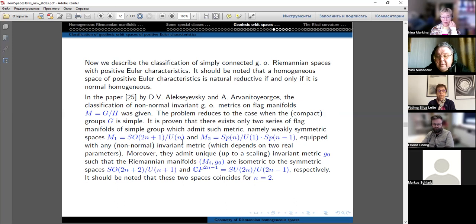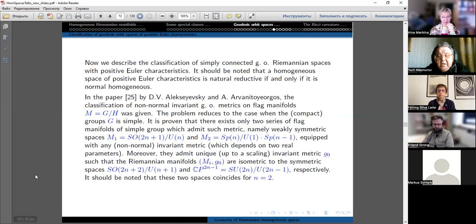This series depends on the value of a natural number n, and the second family, similar to the first one, also depends on the value of n, equipped with any non-normal invariant metric depending on two real parameters.